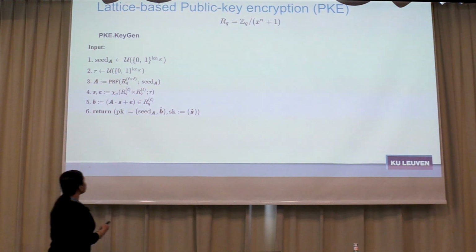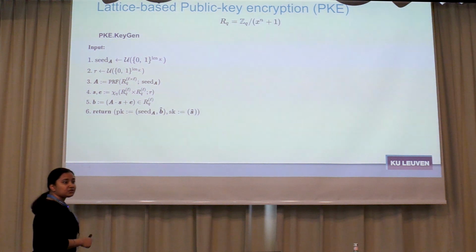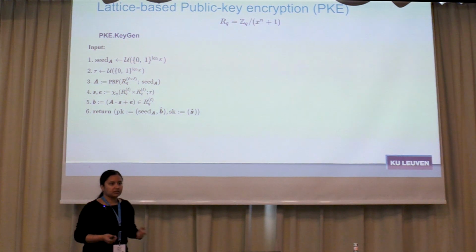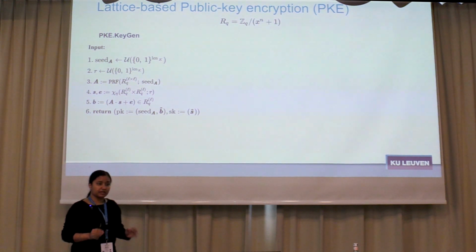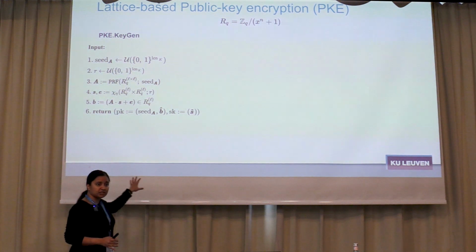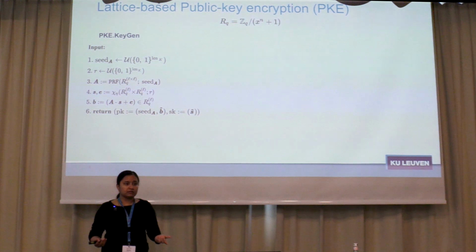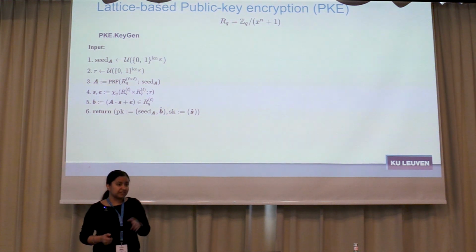The remaining part is the operation A times S plus E. The addition is still order of n, so it remains cheap, but the multiplication is the very expensive step native to this kind of operation. With standard LWE, it is a matrix-vector multiplication.